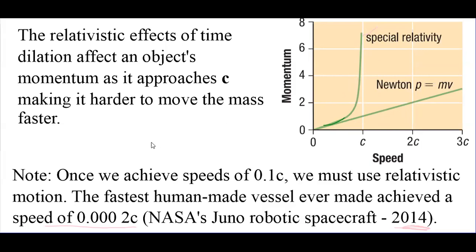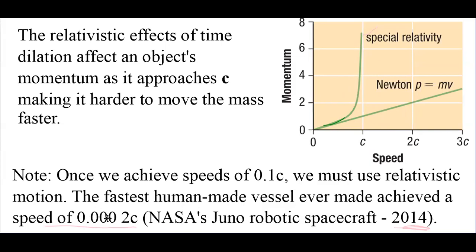And just as a quick little reference, I had to look this up. The fastest thing that we've ever created was the NASA Juno robotic spacecraft. Now, this is something that we could tangibly ride on, although I still believe it's too small for humans.